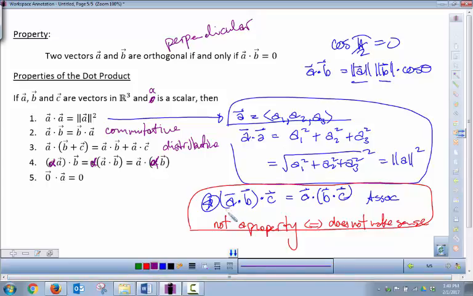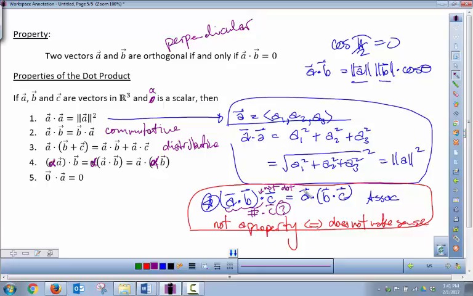It doesn't make sense because when you take the dot of A and B, you're going to get a scalar, and now this is really a scalar multiplication. So a scalar times a vector, this is no longer a dot product. It's not a dot product anymore. So this thing doesn't make sense.